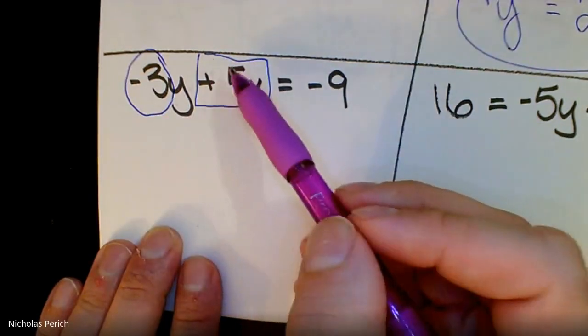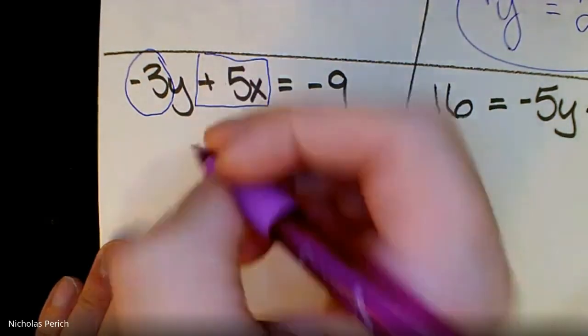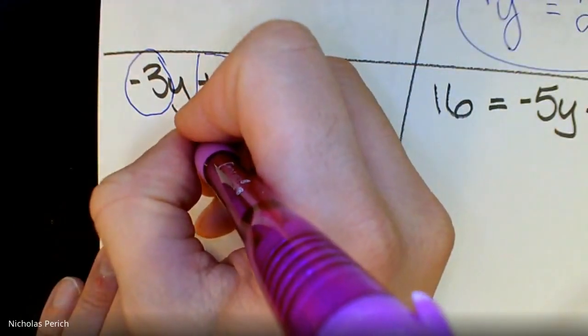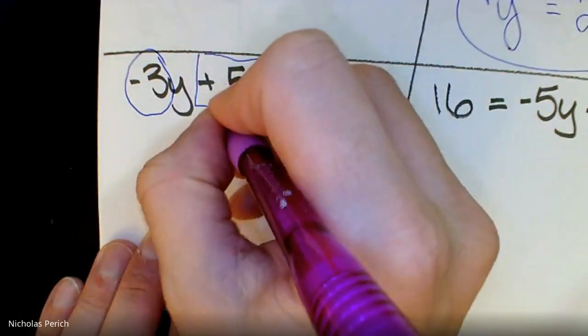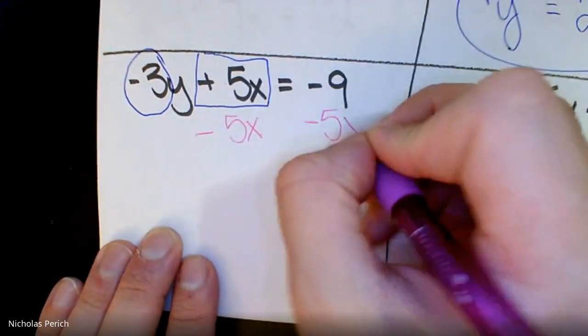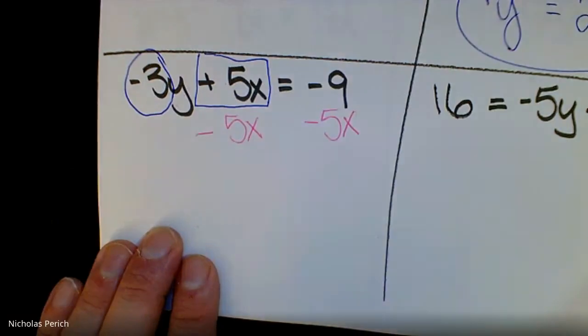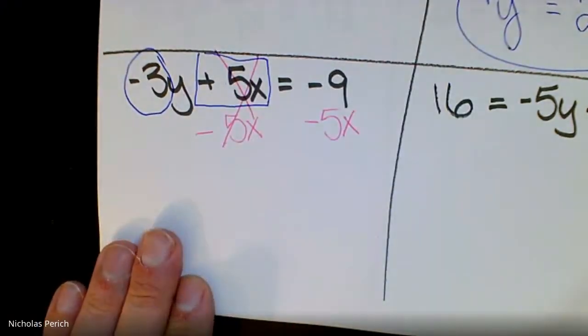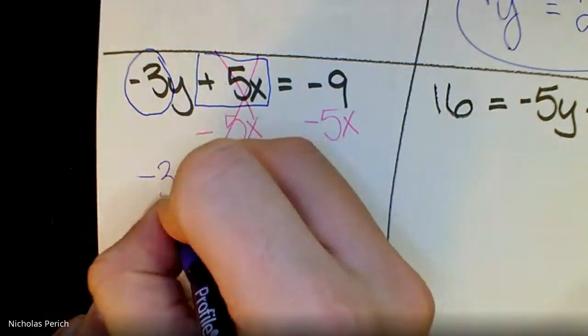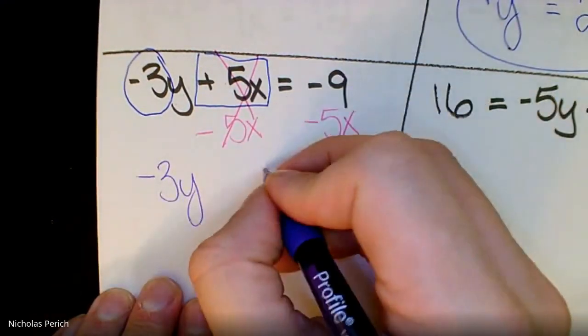The guy that's floating around is positive 5x. The way I get rid of it is I subtract 5x. Since that's positive 5x, I have to do the opposite, which is minus 5x. Cross out. Now I'm going to bring down the -3y, bring down the equals.